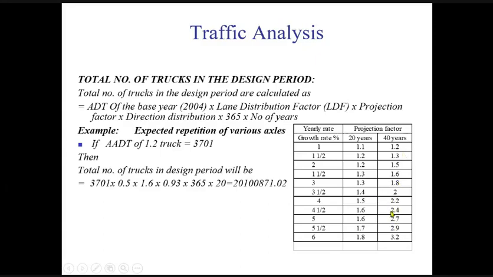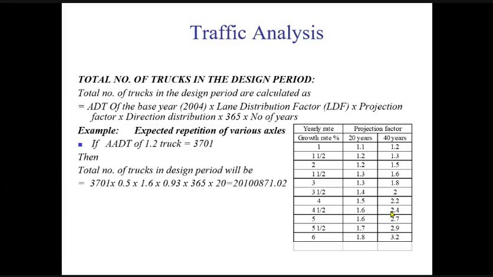When I usually teach this course, students ask me why there is no table for 10 years. It's because it is not feasible to design a rigid pavement for less than 20 years, because then the cost will be immense, and you may not get full value for your money in terms of maintenance.